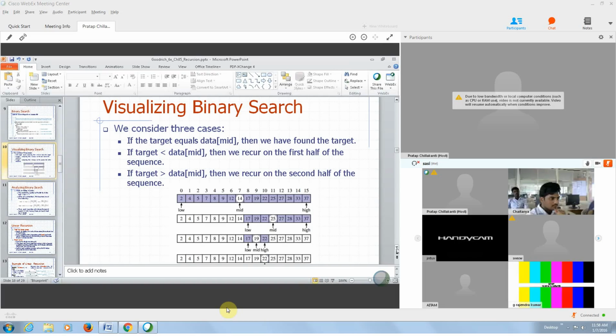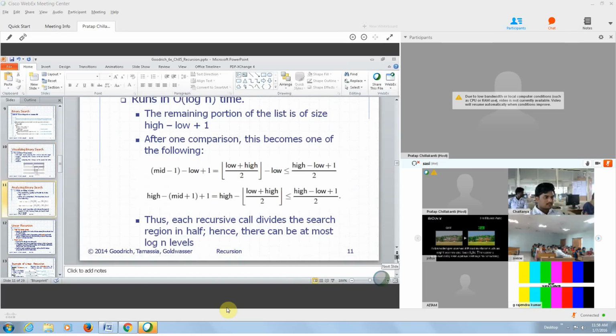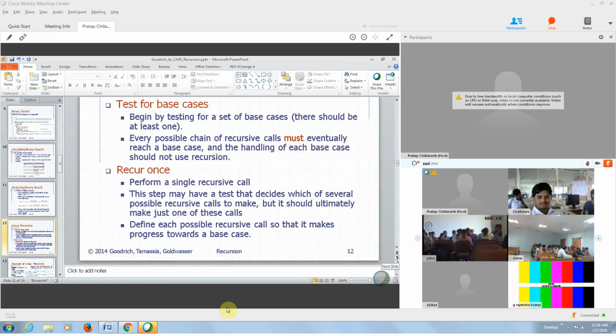I gave you the formula at the beginning of the section as to the depth of the tree and so on. Depending on the number of elements, it's log 2n. That is the depth. And then it's cases. I don't have to tell you about all these things, but that kind of gives you some idea of a binary search.